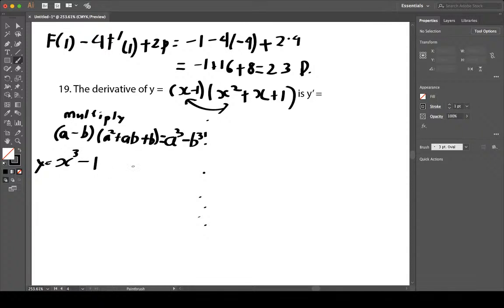And so we just need to derive this. That is basically 3x squared. But there's also a different way for you to solve this, and that's by using the formula.